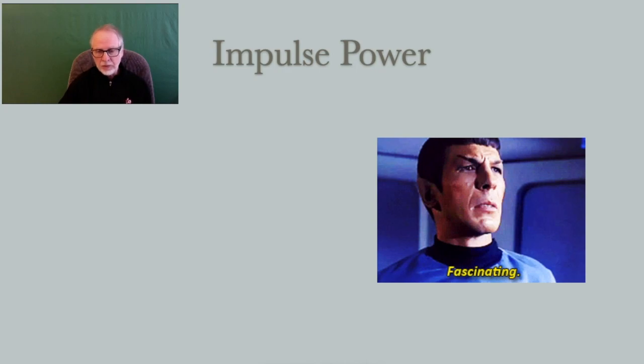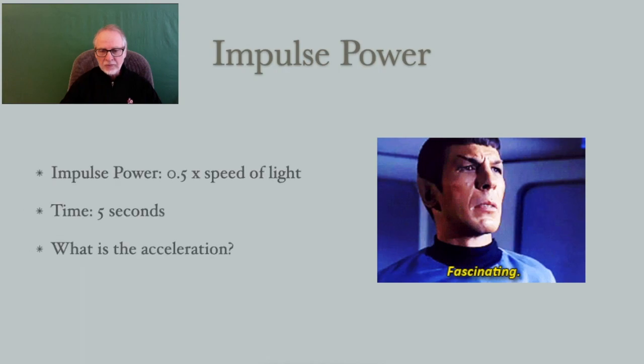For example, maximum impulse power might be about half the speed of light, which again, the speed of light is 186,282 miles per second, or roughly 2.998 times 10 to the 8th meters per second. So it's pretty darn fast. And so impulse power at half the speed of light is also pretty fast.